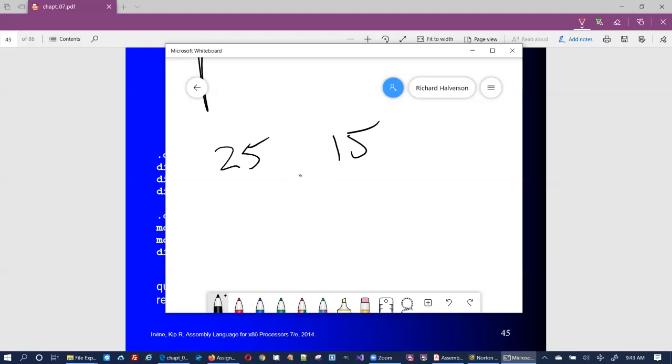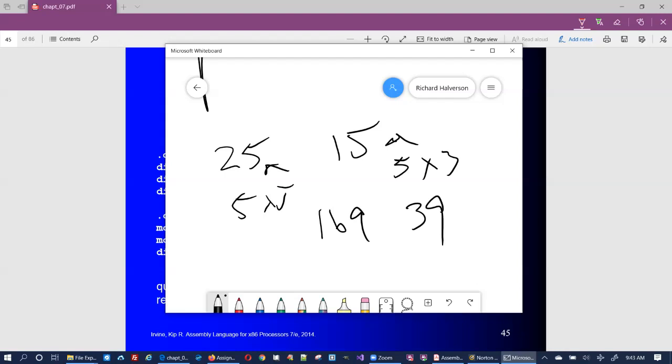These are two integers, and we want to know the biggest number that divides evenly. Well, it's 5, because 5 times 3 equals that, and 5 times 5 equals that. So this isn't a very good example. How about 169 and 39? 169 is 13 times 13, I think, and 39 is 13 times 3. 13 and 3 are prime numbers, so that's as far down as we go.